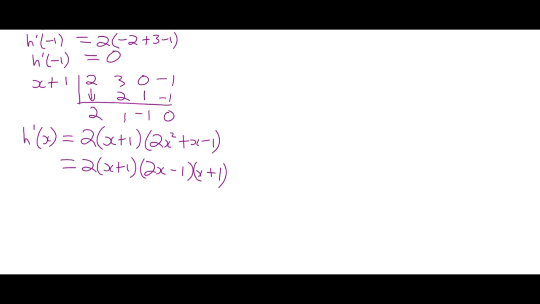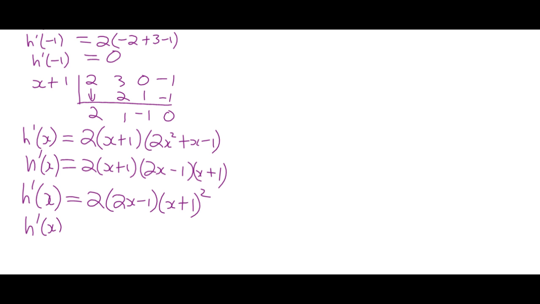Okay. So let's clean that up a little. Got a 2, got a 2x minus 1, got an x plus 1 squared. Okay, so we've got our factored form, right? We've got our factors. I'll put that over. And then we've got our zeros, right?